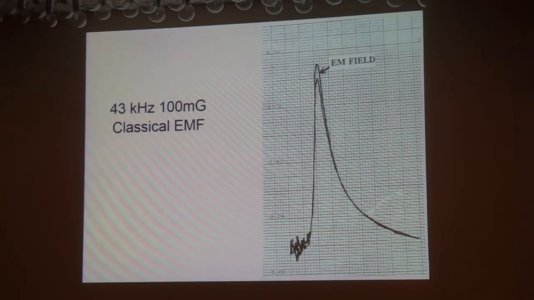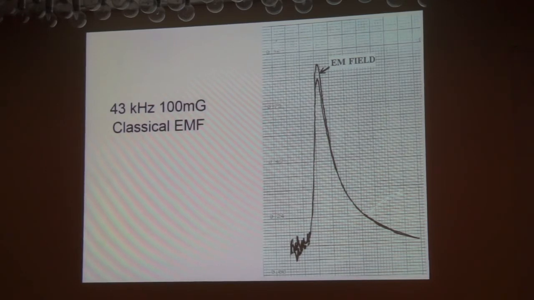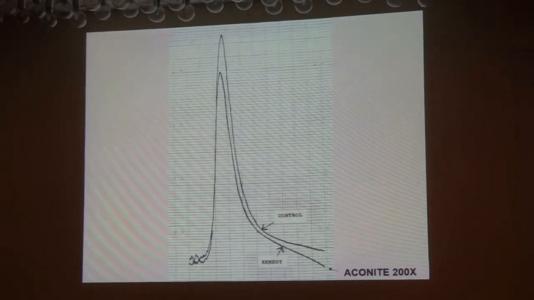I use 43 kilohertz because it's one of the resonance frequencies of water. And you can see that the effect that we observe is primarily with the amplitude only, and there's a relatively small effect, but work. In contrast, here's a homeopathic remedy where you can see the pattern information is very different.